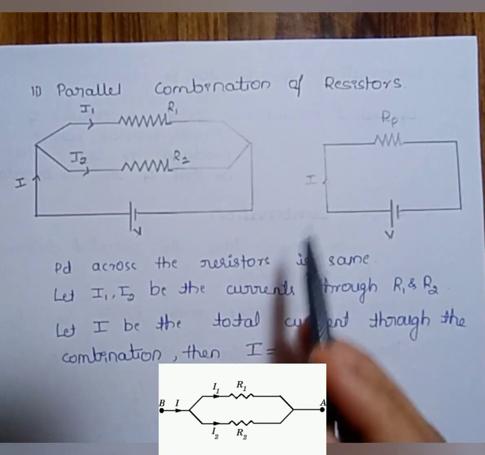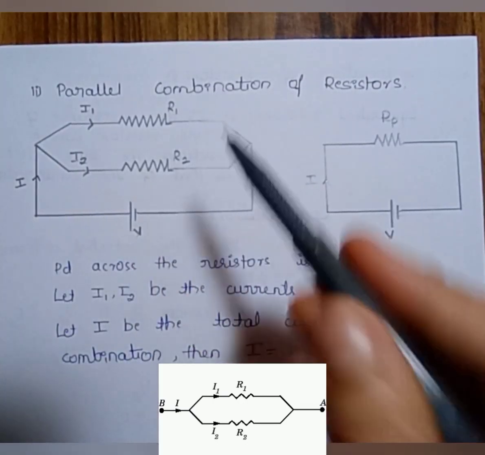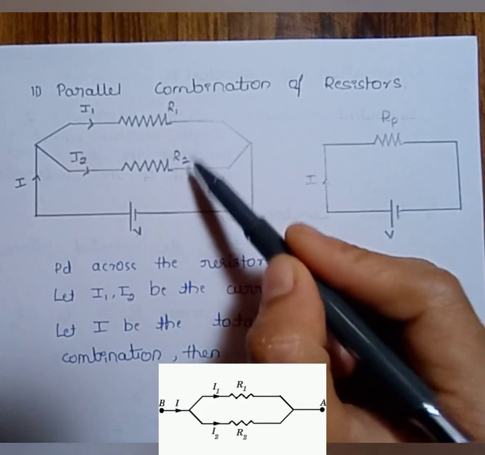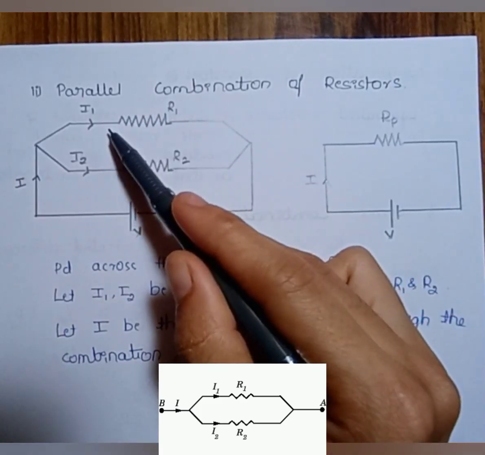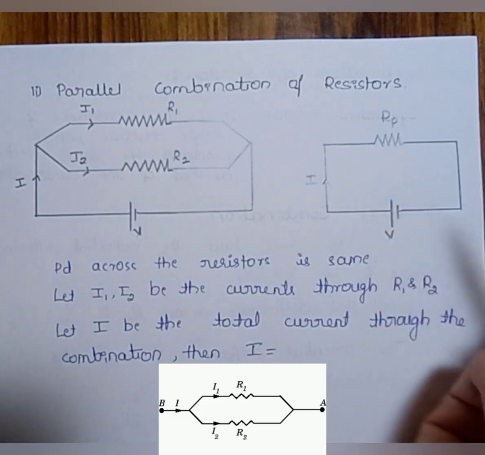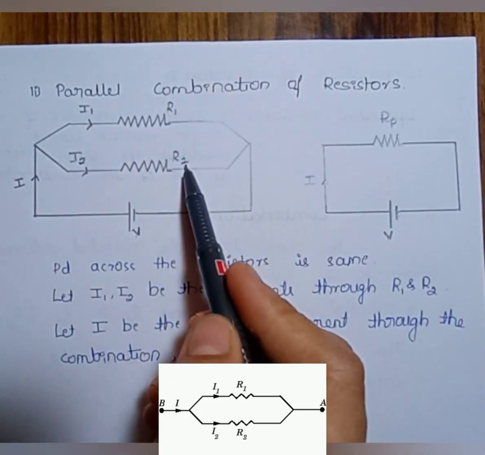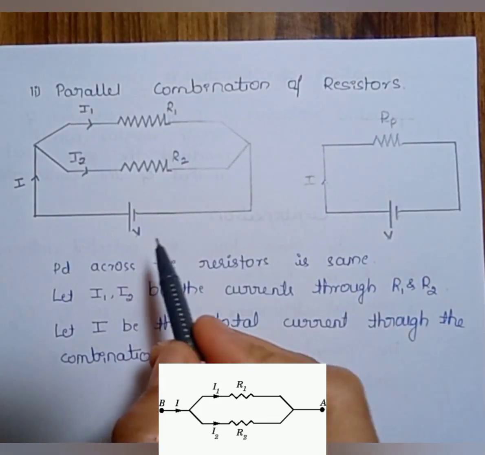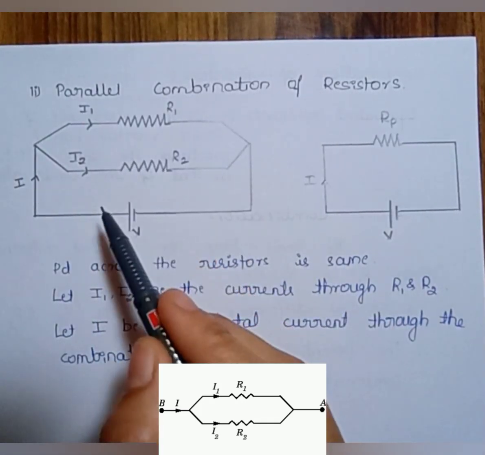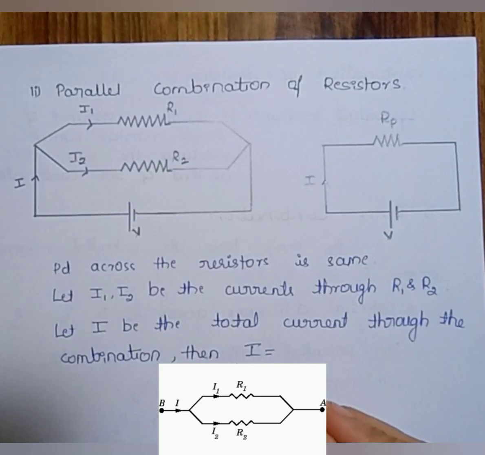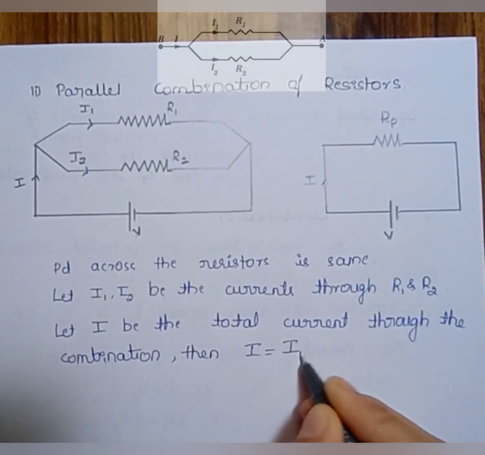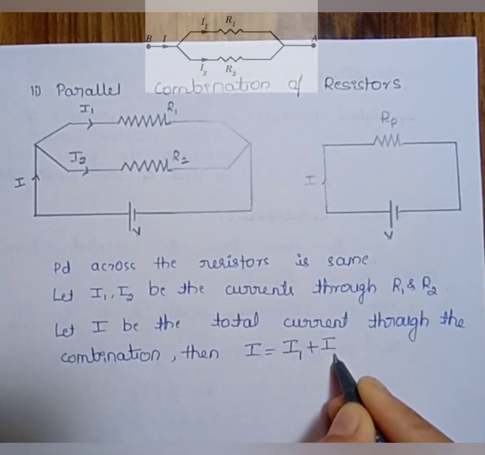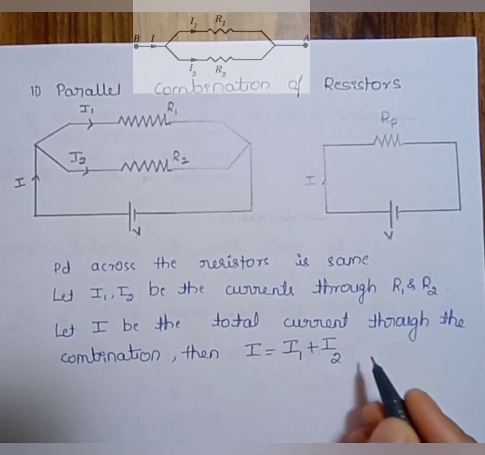In parallel combination, the potential difference across both the resistors is the same. Then the main current can be written as I equal to the sum of the individual currents, I1 plus I2.